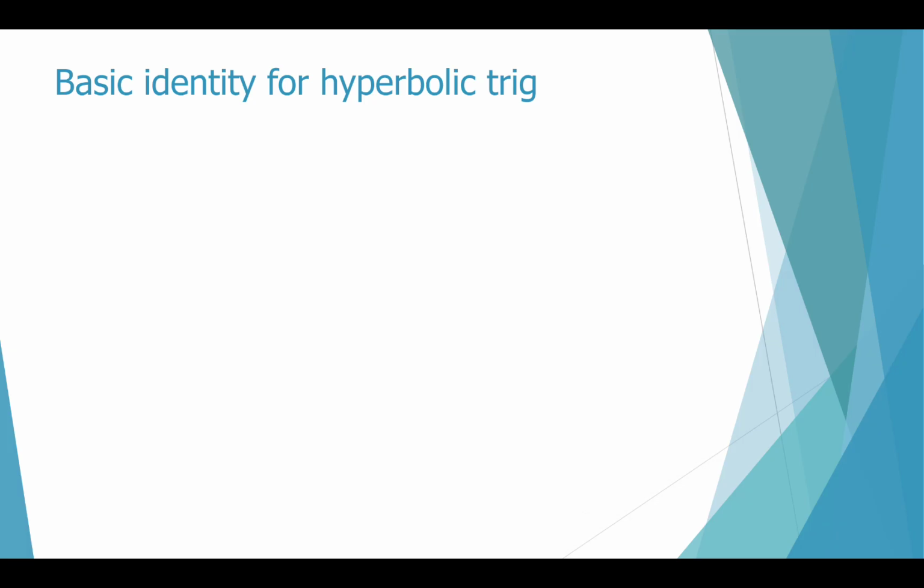So some basic identities for hyperbolic trig. We know this one. Cosh squared minus sinh squared is equal to 1. This is the basis of hyperbolic functions. And interestingly enough, just like the Pythagorean identity for unit circles, we can derive the other 3 by dividing, in the Pythagorean identity, where we have sine squared plus cosine squared is equal to 1.